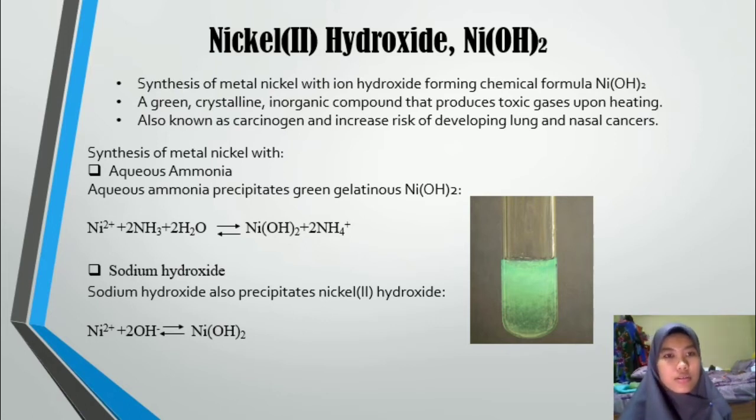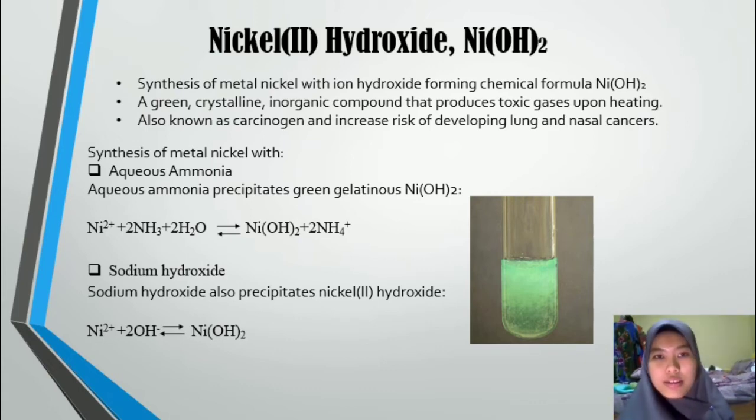This compound is a green crystalline inorganic compound that produces toxic gases upon heating. It is also known as a carcinogen and can increase the risk of developing lung and nasal cancers. When we are exposed to this compound, it can cause severe dermatitis, skin problems, and asthma.